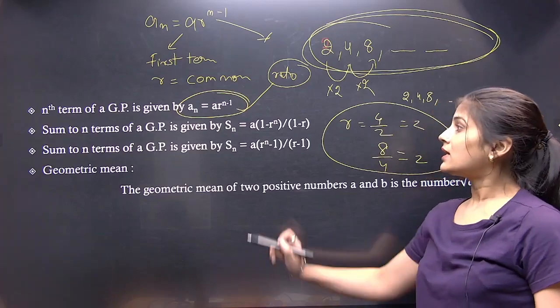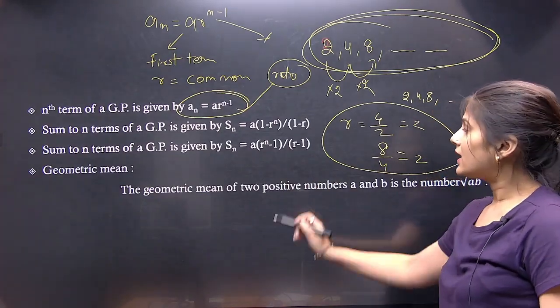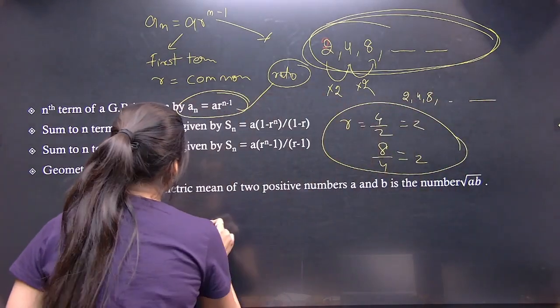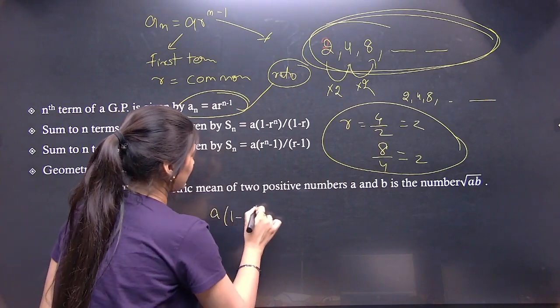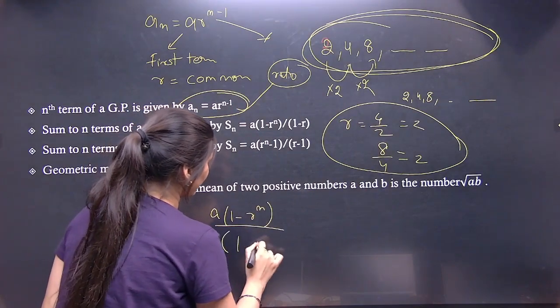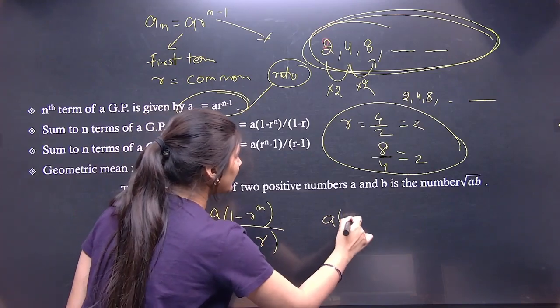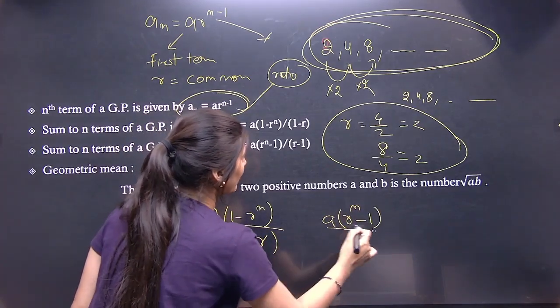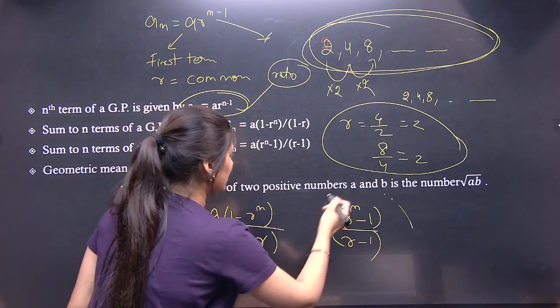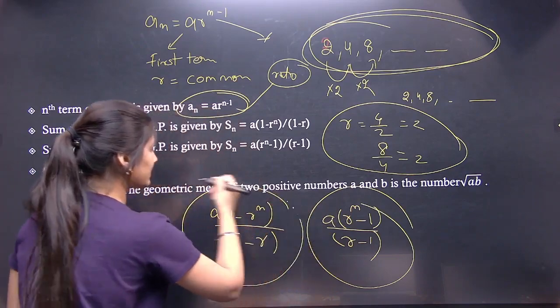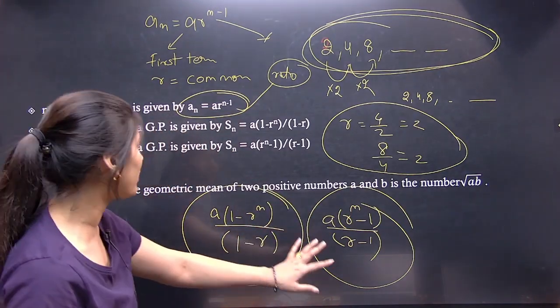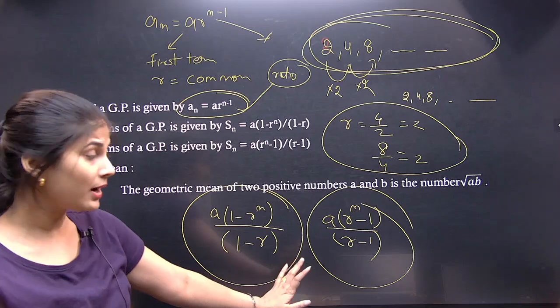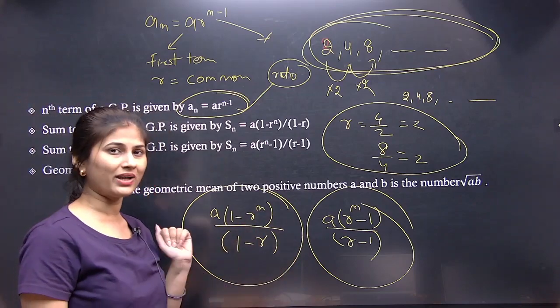Now what is the sum of n terms of a GP? It is a(1 - r^n) by (1 - r). It can also be a(r^n - 1) by (r - 1). See, this is a formula and this is also a formula. Both are formulas for the same thing, the sum of n terms, but they are quite different. Why?